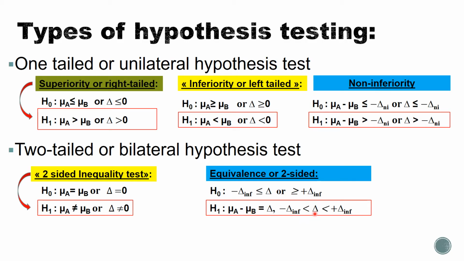Even if the new treatment is worse than the existing treatment, the difference should not be less than a particular margin. So in other words, it should be greater than this particular margin. This is the sample difference, and this is the predefined or prefixed margin.